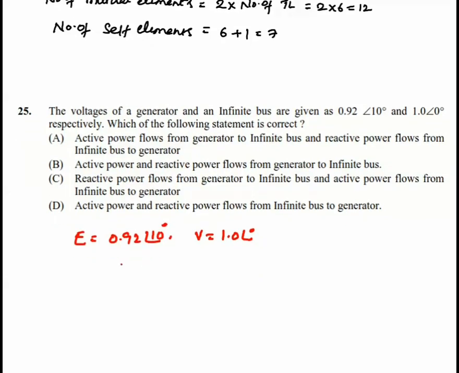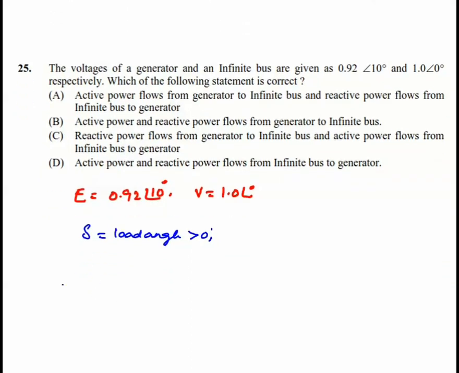Observe that delta is the load angle, and a load angle greater than 0 indicates that active power flows from the generator to the infinite bus.